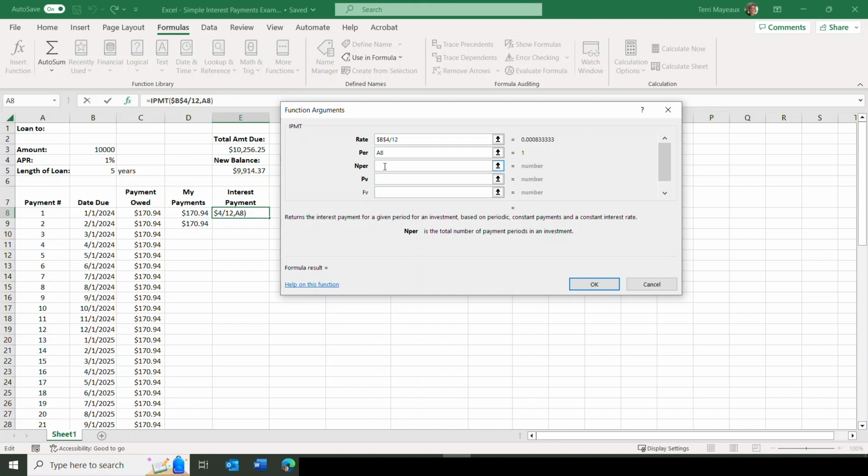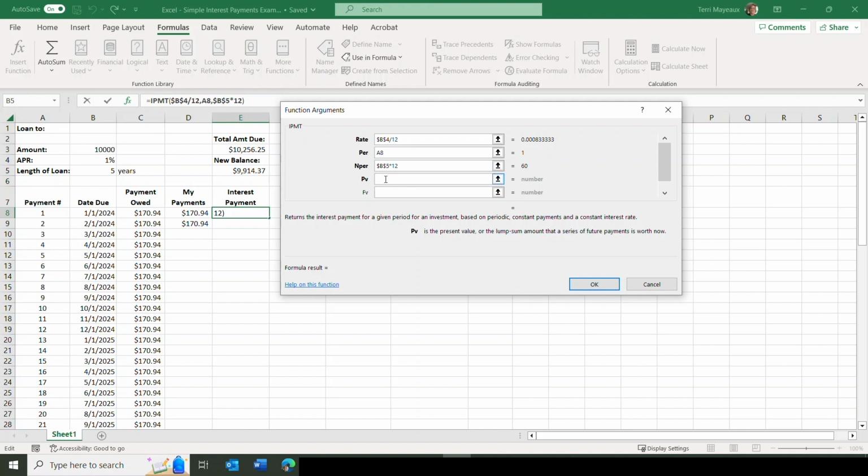Now the Nper is the total number of payment periods, and that is like the payment function as well. So number of periods, well, that's B5, the 5 years, times 12. And we need to add a dollar sign in front of the B and then in front of the 5.